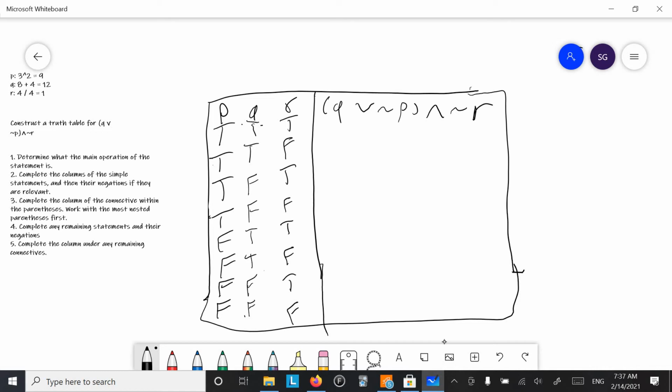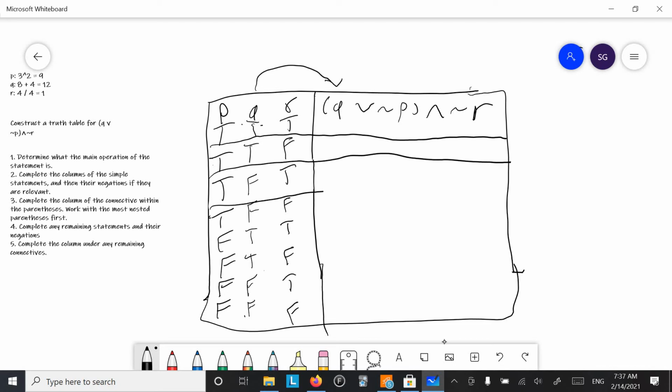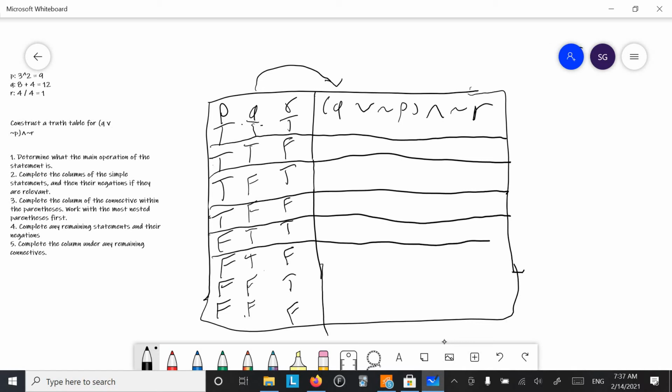Okay, so we see our Q right here. That is the easiest. T, T, F, F, T, T, F, F. It's a bit wobbly, but bear with me. Okay, there we go. It's not perfect, but it's what we got.